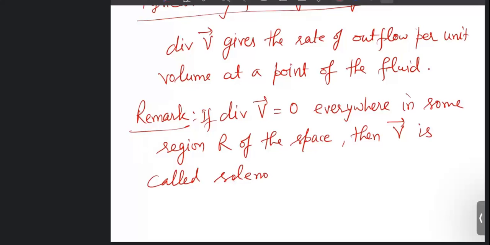It means if the given vector is solenoidal, the divergence of that vector will become zero. Solenoidal vector point function.